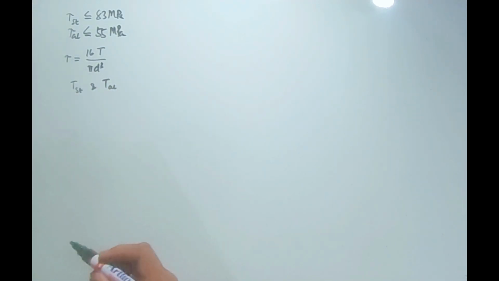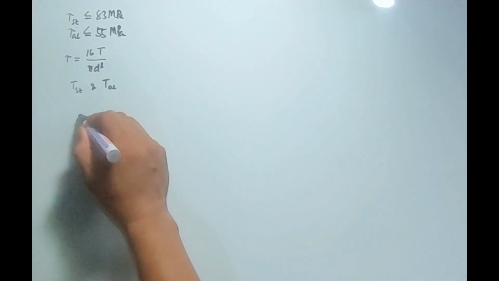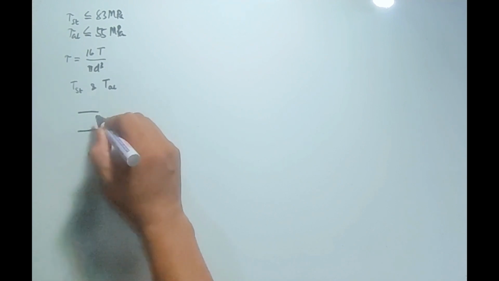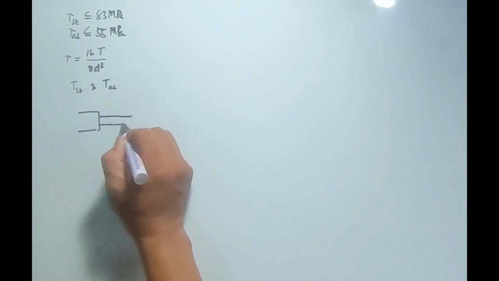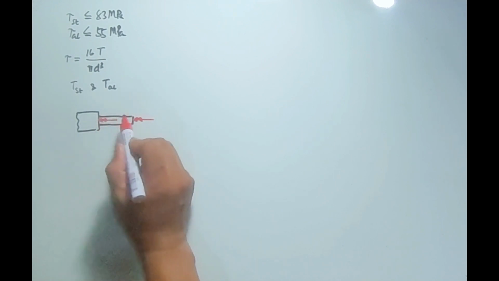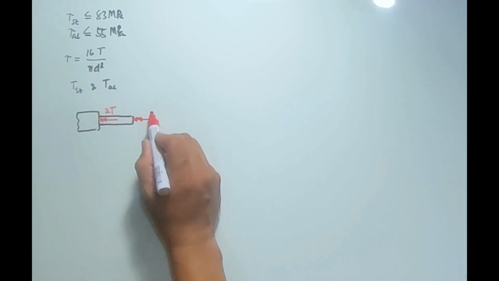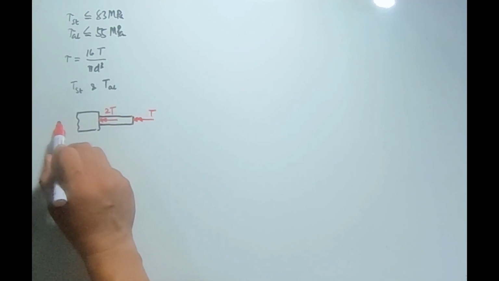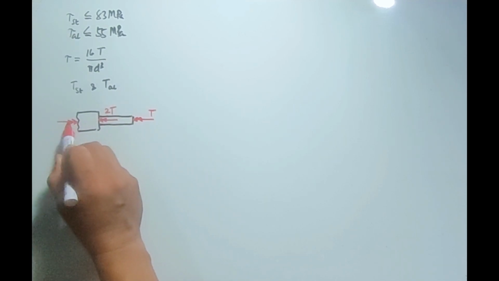So if we cut a section in the steel segment and draw the free body diagram, it should look like this. In the free body diagram, torques are represented by double arrows. So this is the external torque 2T, and this one is T. And this will be the resisting torque for the steel.